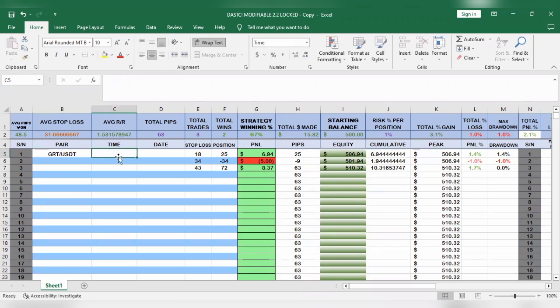The time here is 9 UTC. And the date here is 4th of September 2022. And there you go. You have it easily configured.